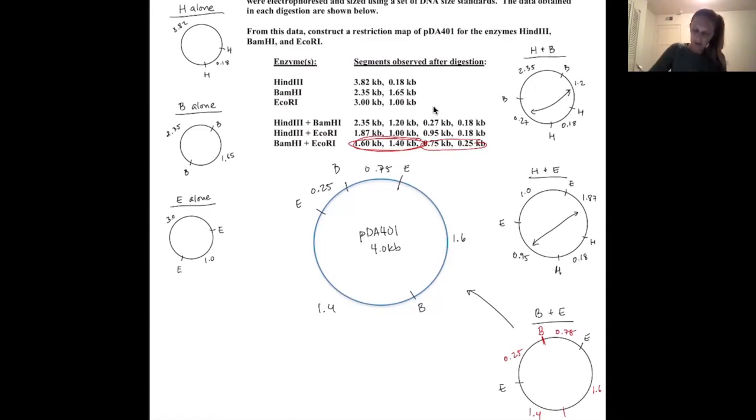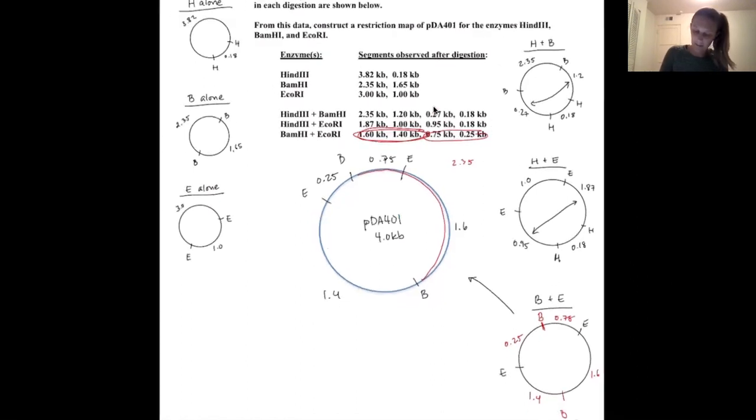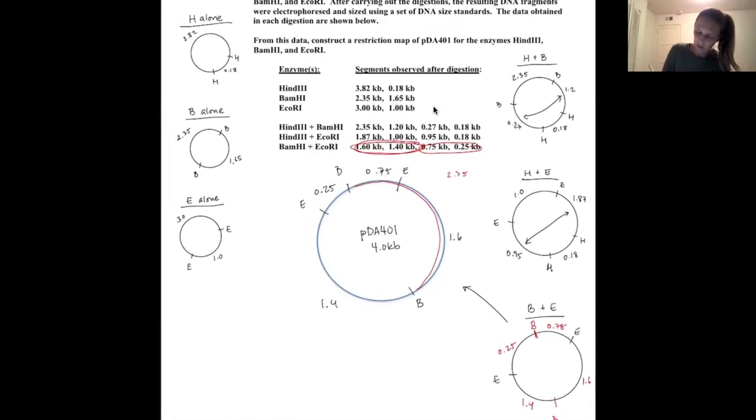And if I put those together, 1.6 plus 0.75 equals our 2.35, right? So that's our BAM BAM. So we know that our Hindi sites are not going to be over there, but they're going to have to be on the other side. All right. So what I'm going to do is put in Hindi, breaking up this 0.4 over here.